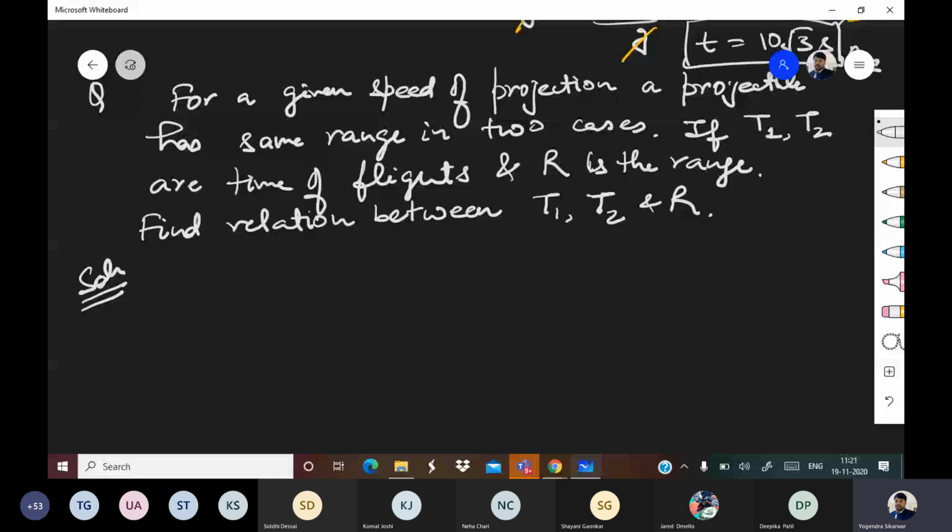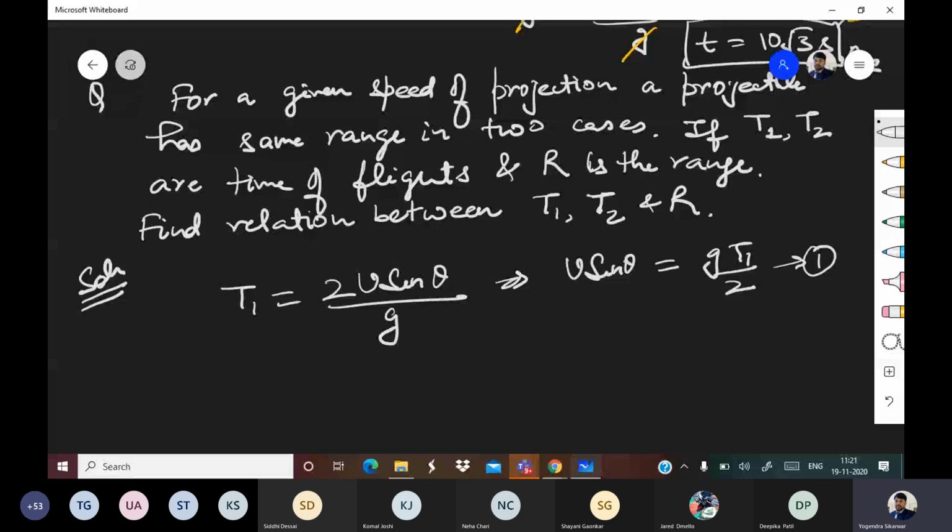Pay attention. So T1 is nothing but 2u sine theta by g. So that gives us u sine theta is equal to g T1 by 2. Let's call it equation 1. Now T2 will be how much? 2u sine of 90 minus theta. Why?